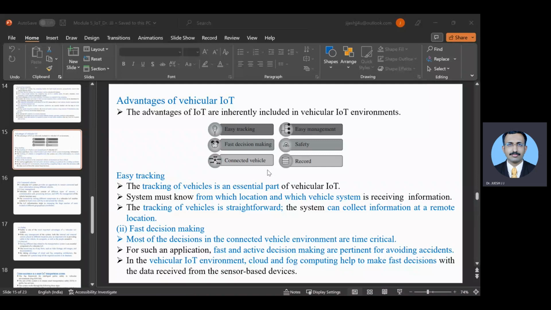In the architecture you can see it consists of different IoT components. We have a three-tier architecture: tier 1, tier 2 and tier 3, which we are going to study in detail.